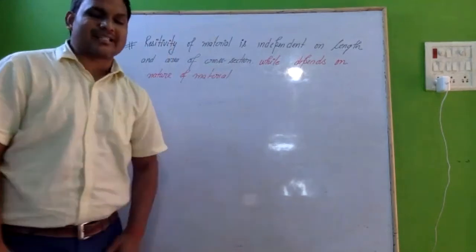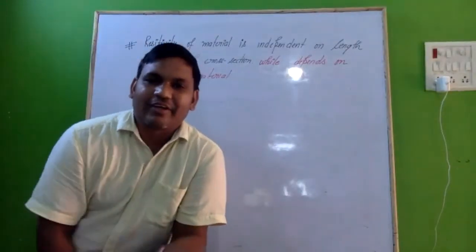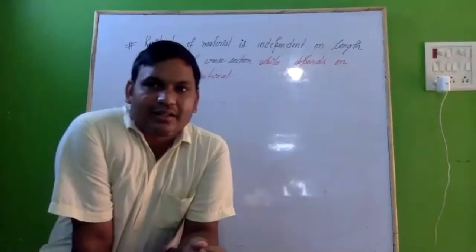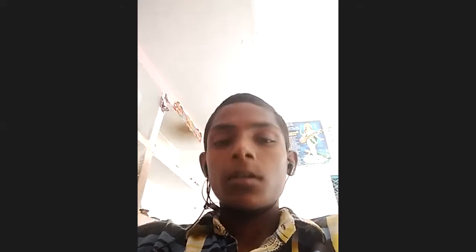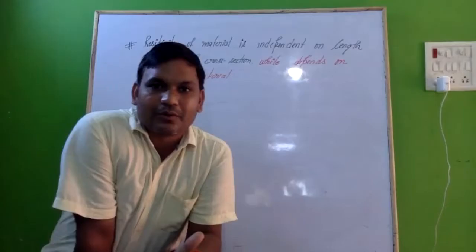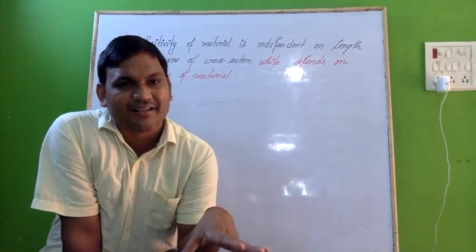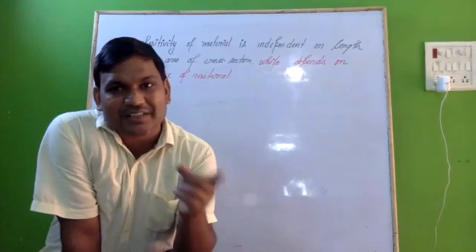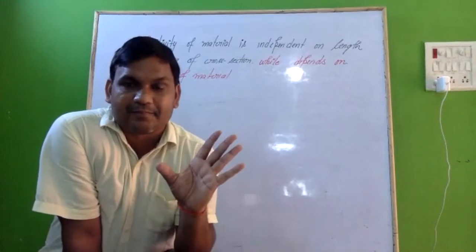Independent of length, just like density. The density of water is 1 gram per cubic centimeter, and that is going to be constant every time, whether it is 1 liter of water or 2 liter or 10 liter. In a similar manner, resistivity is going to be constant for every material.